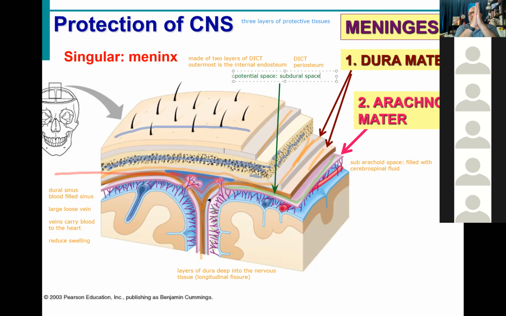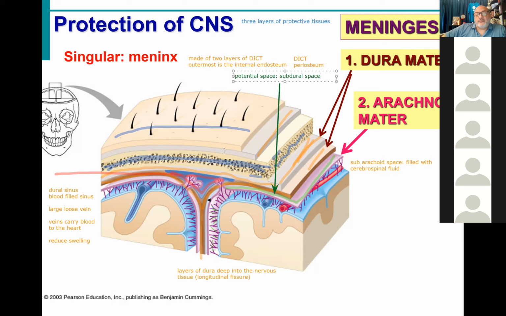Suddenly that potential space starts to fill up with blood. And what would we call that condition? Come on, I know you know. What do you call a swelling of blood in the subdural space? Say again, Emily? Subdural hematoma. Exactly, a subdural hematoma.